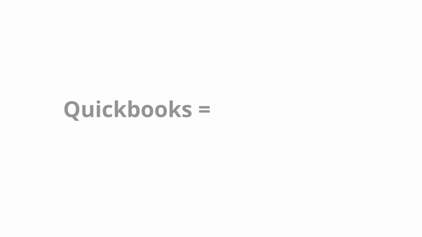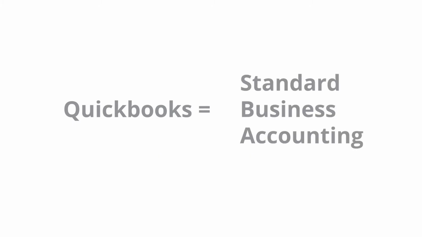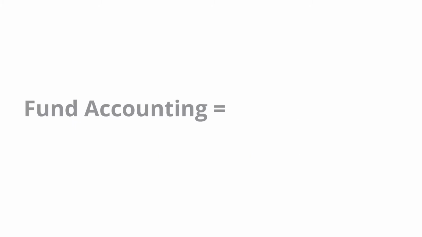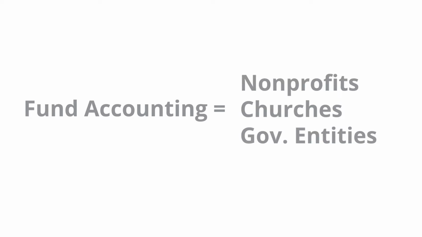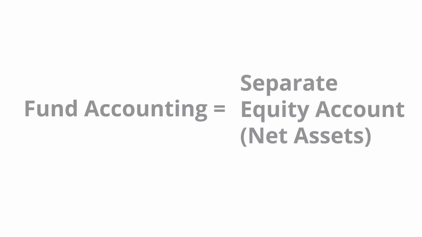So QuickBooks does standard business accounting. And in fund accounting, which is common for nonprofits, churches, and government entities, you need to have a separate equity account, otherwise called net assets, set up for each of the funds that you need to keep track of.